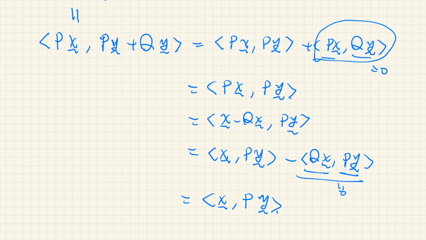So we can move the place of P from the first place to the second place, just like the projection operator we have seen before. And the final property is this. If we apply the operator P twice, then its effect is the same as applying it only once. For this property, we call it P is idempotent.